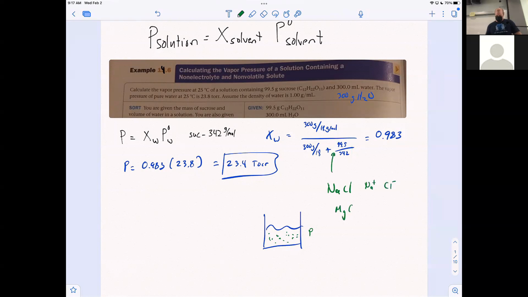If we had magnesium chloride, we would put a 3. When you do the calculation for the solute, it's a colligative property, so you have to put the moles of particles. Magnesium chloride, MgCl2, dissolves into magnesium 2 plus, chloride, and chloride, which turns into 3 particles. So when you do these calculations, you have to put that in there. Does that make sense?